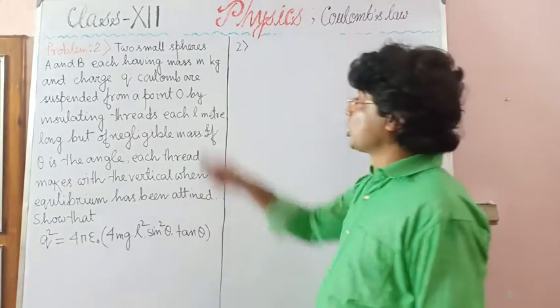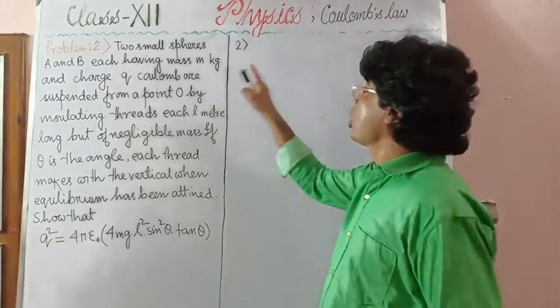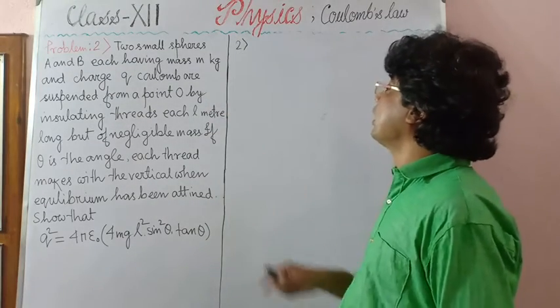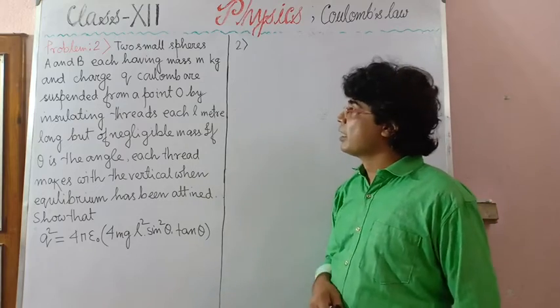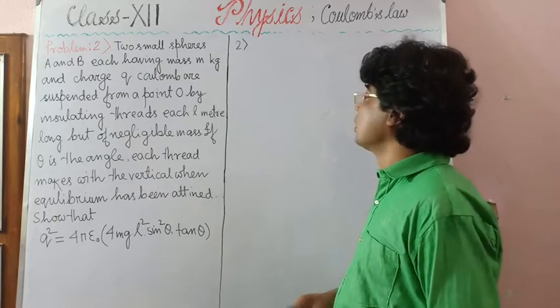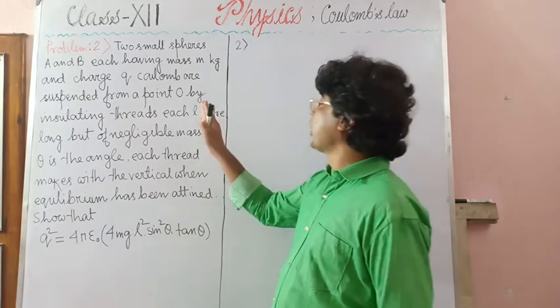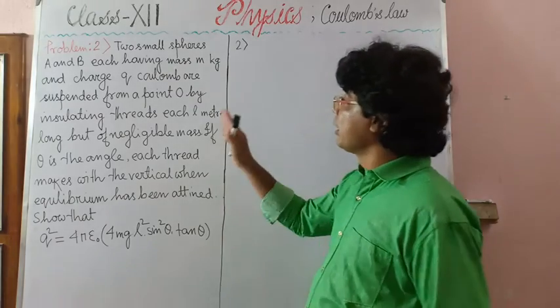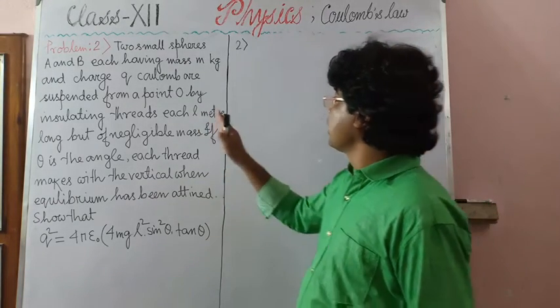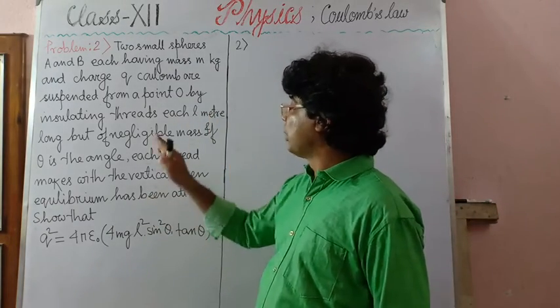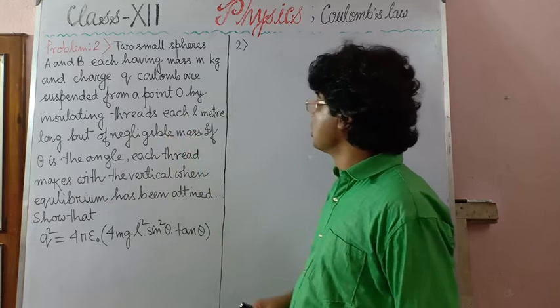Now problem number 2. Two small spheres A and B, each having mass m kg and charge q Coulomb, are suspended from a point O by insulating threads, each L meter long but of negligible mass.